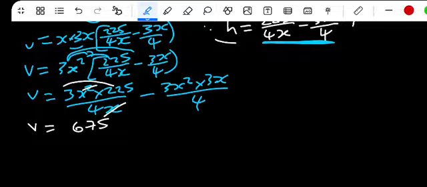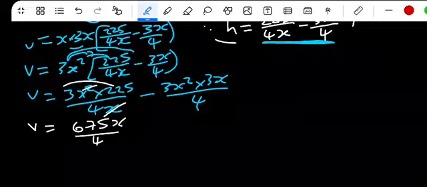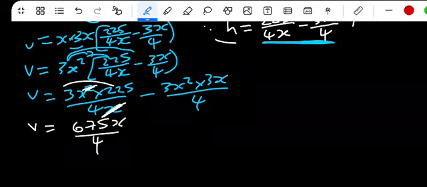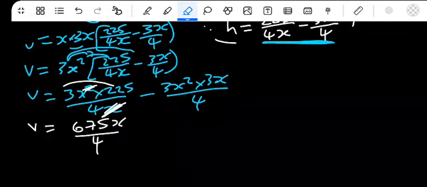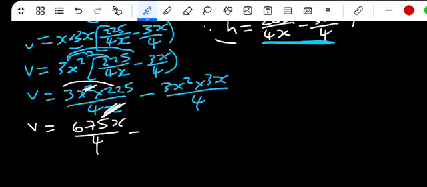We must have also the x there, because one x cancelled, we're left with x. Here we're left with 4, because this x cancelled with one of the x, because x squared is the same as x multiplied by x, so one of the x cancelled. Alright, this will have minus, multiplying these we get 9. So we have x cubed over 4.